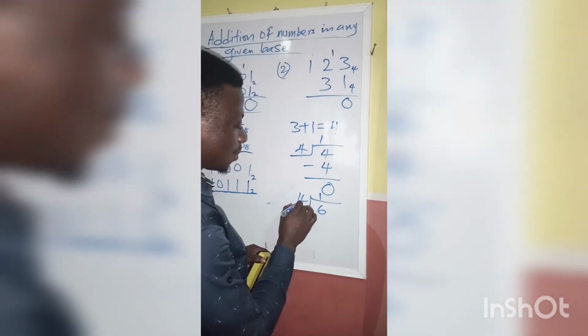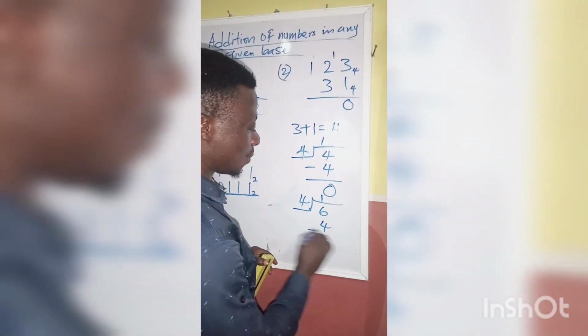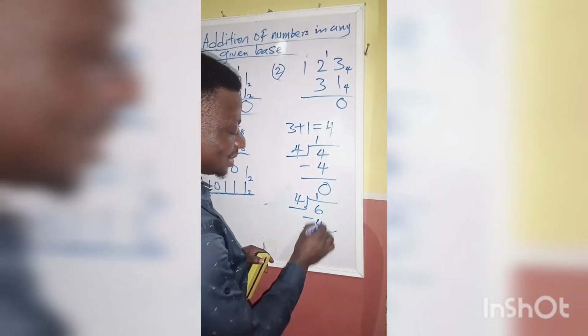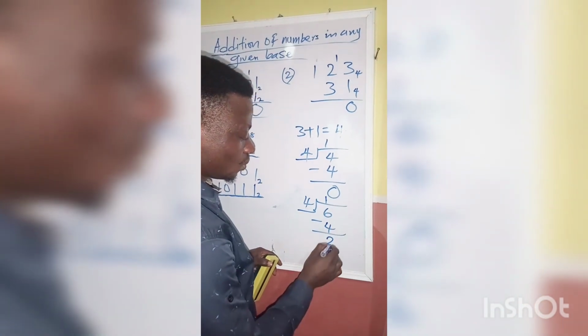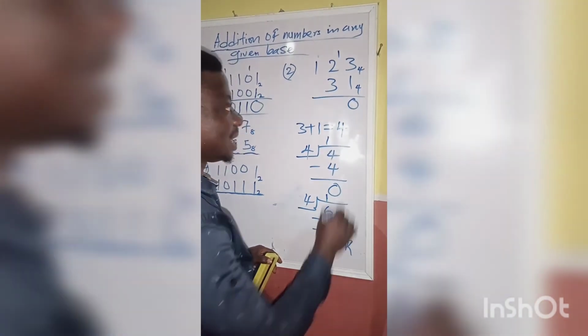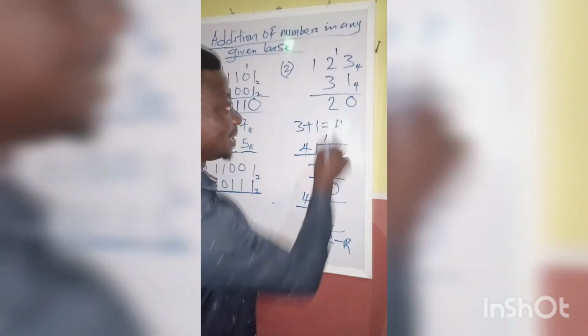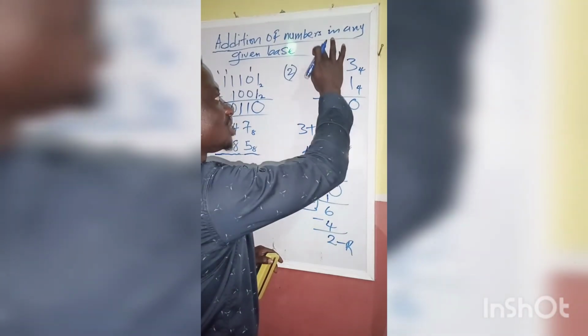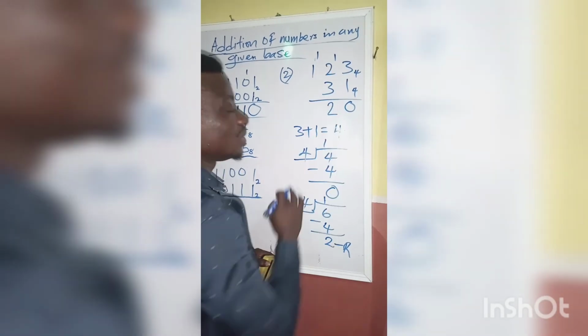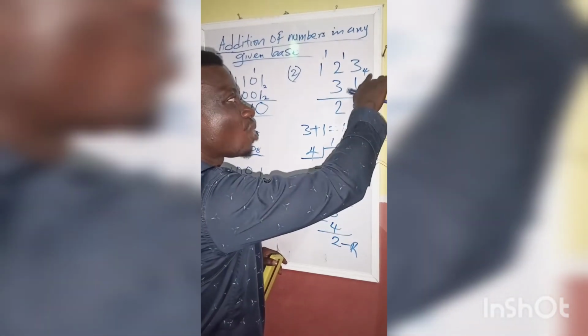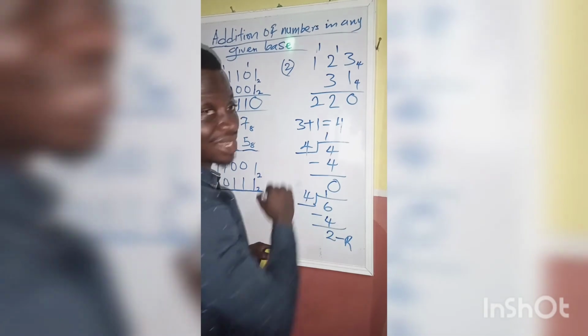That means this 4 times 1, we are going to have 4. Then subtract here. This minus this will give us 2. This one is your remainder. That means this place is going to be 2. Remember, you have 1 here. That one will be here. That means 1 plus 1 here, you are going to have 2. Remember, it is not up to your base. Then you are going to write it back.